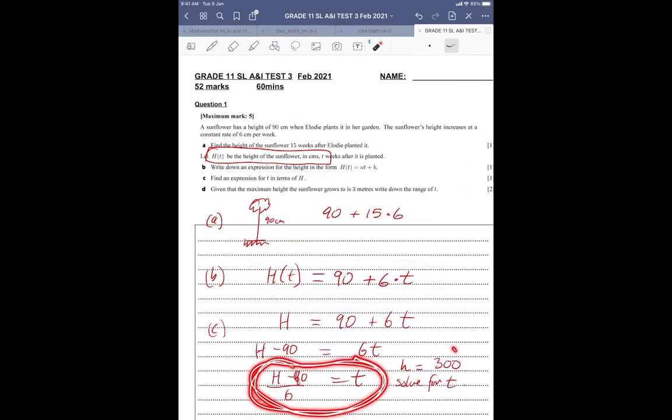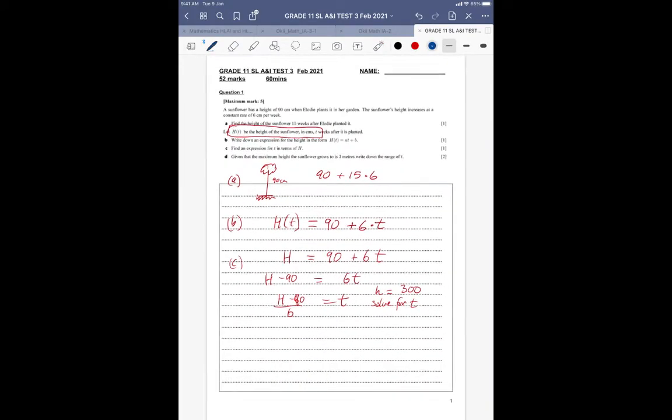So we just substitute the 300 in place of the h here. It's kind of working backwards, right? So the final answer here, if I just maybe choose a slightly different colour, I just go down here. We've got 300 minus the 90, all divided by the 6, gives me t.